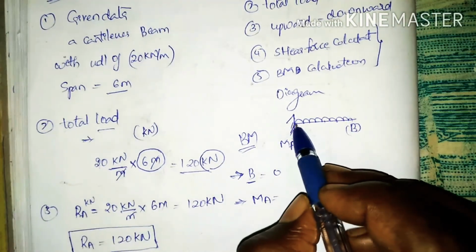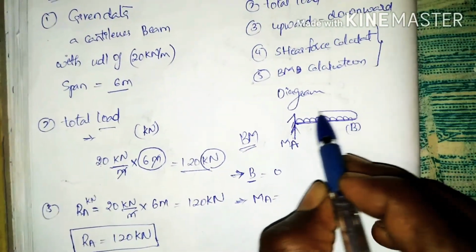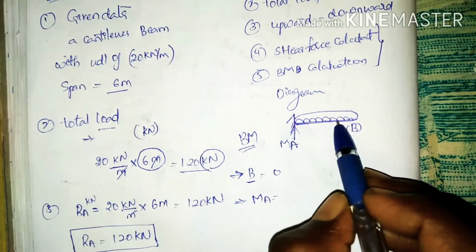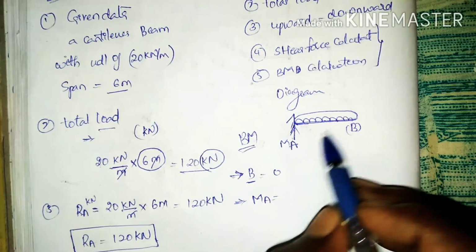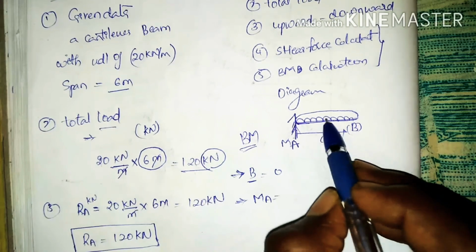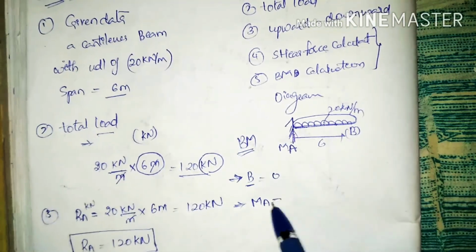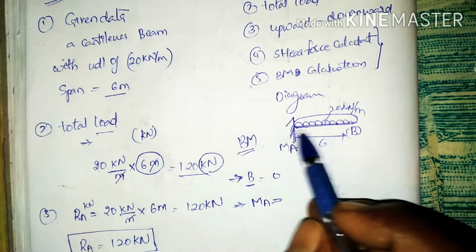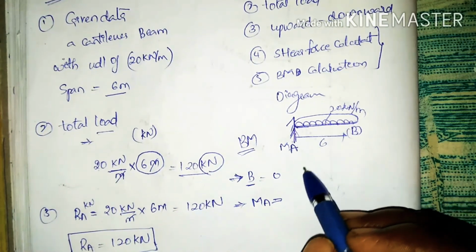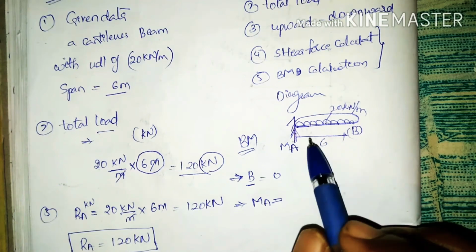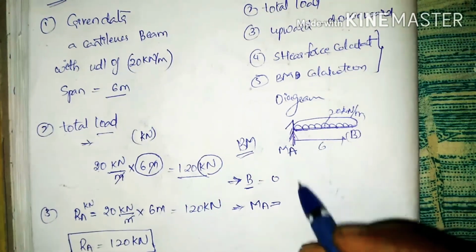here it is the only one load, that is UDL load, acting throughout the span of 6 meters with a magnitude of 20 kilonewton per meter. When we are going to take the moment here, what is the moment here? Moment is equal to force into perpendicular distance.